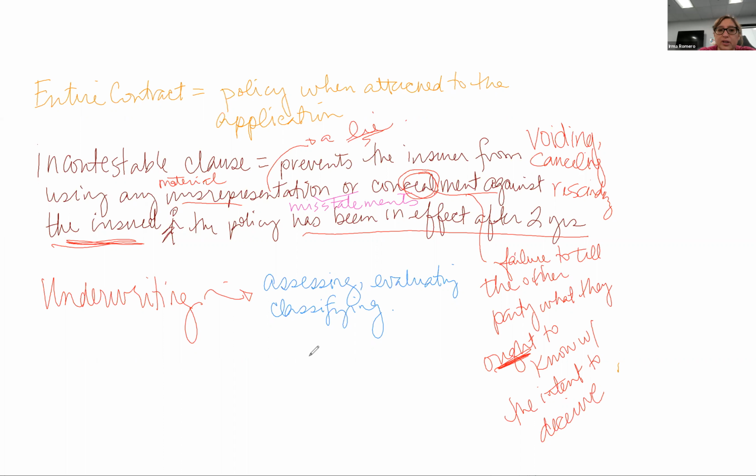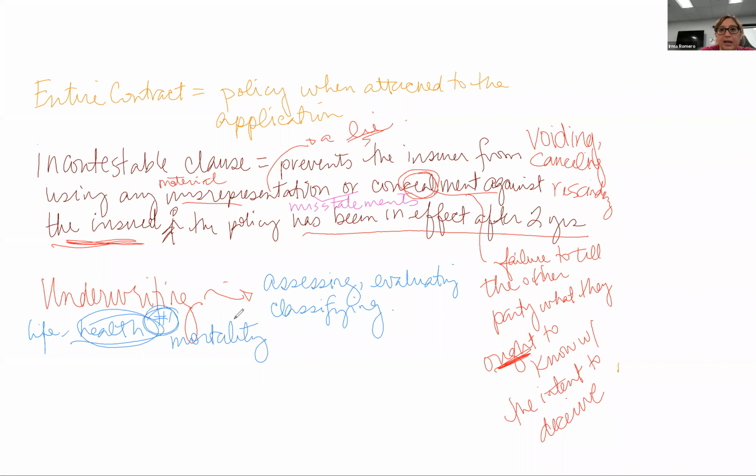So what the insurance companies want to know, what's most important especially in life insurance, is that they're looking at your health. They're looking at anything that affects your mortality. And health conditions are the number one thing that determines your mortality risk. So how do they gather that information?